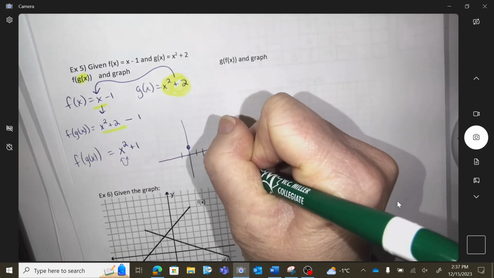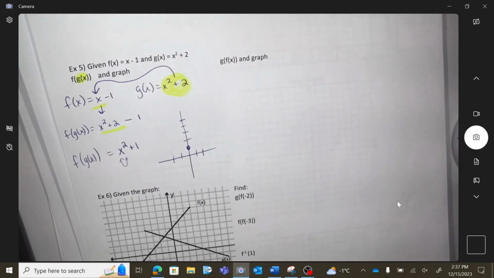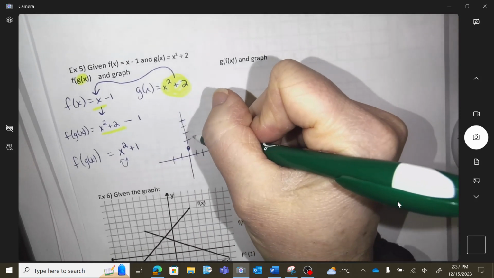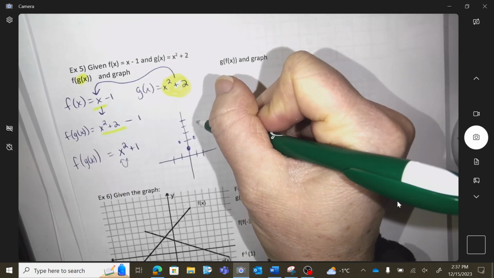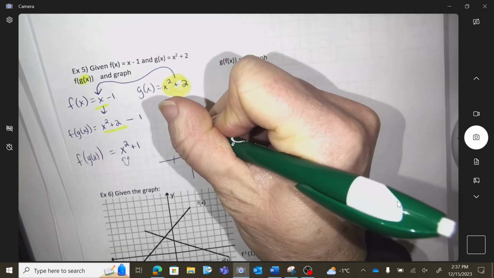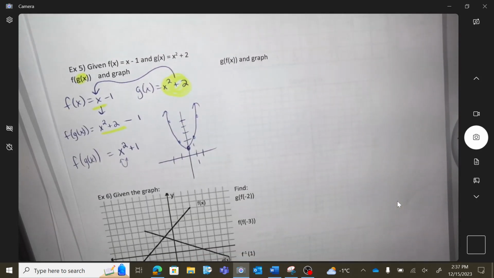And what kind of moves would you do on this parabola? 1, 1, 2, 4. Okay, so again, tie everything that you've ever learned. All the functions you've ever learned could come back and play.